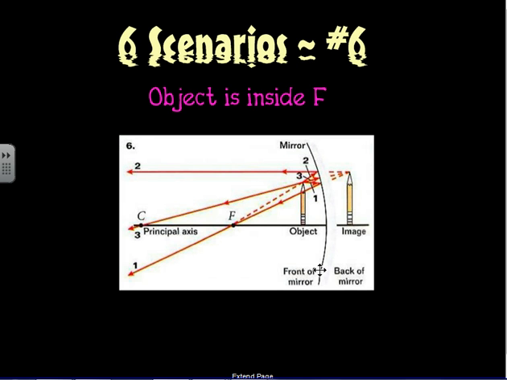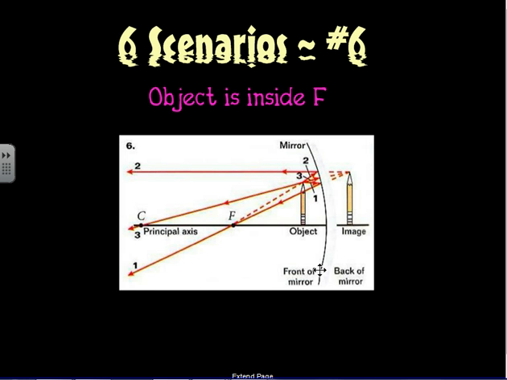The very last scenario has the object between F and the mirror. We may say that it's located inside of F. In this case, your image is located behind the mirror. It's upright.